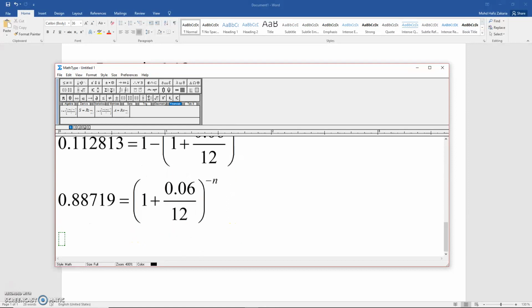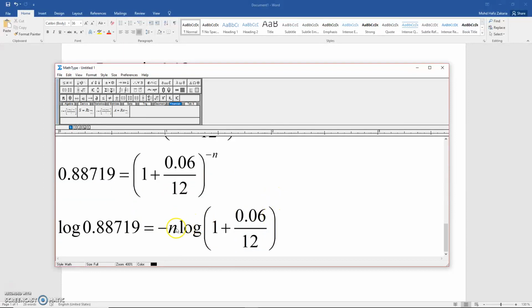So we put log 0.88719 equal to negative n log of this.